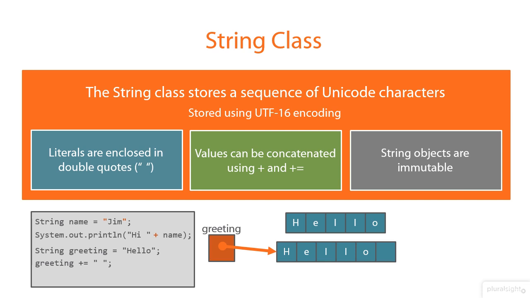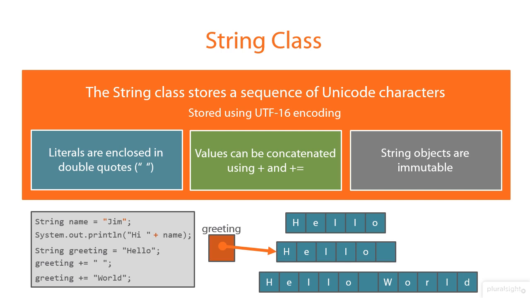If I then say greeting plus equals world, again it allocates another object holding the entire string and repoints greeting to that. So we want to be aware of this idea of strings being immutable because we can end up doing things really inefficiently. Later in this module, we'll talk about how we can use other mechanisms to work with a string situation like this more effectively.